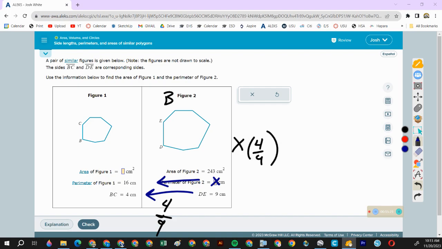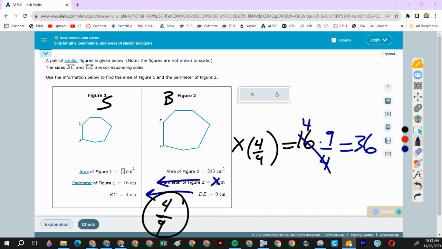So x times 4 over 9. So this is big and this is small. So this has to be less than 1. So x times 4 over 9 equals 16. So when I times this by 9 over 4, I get 36. So this is 36 centimeters. Okay?